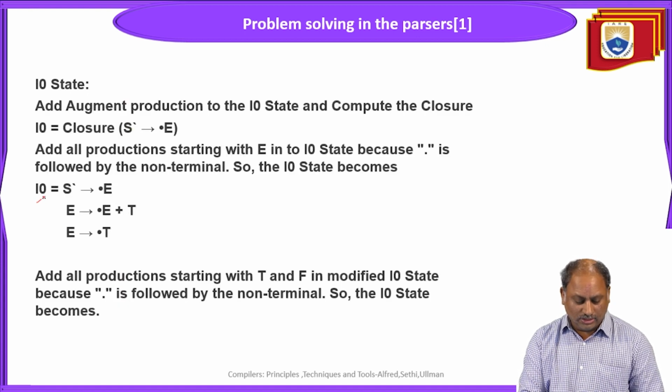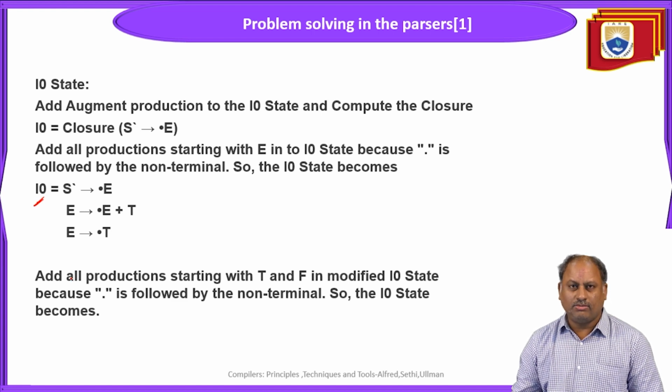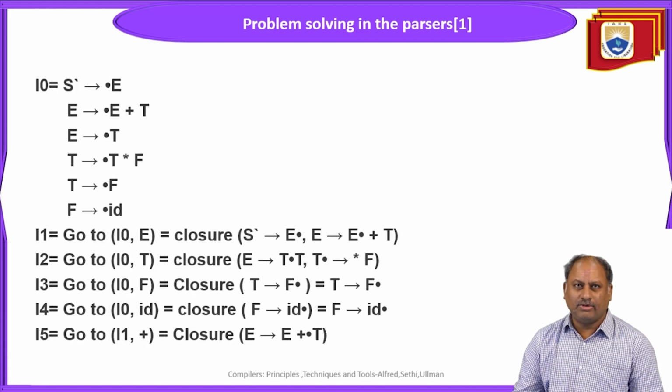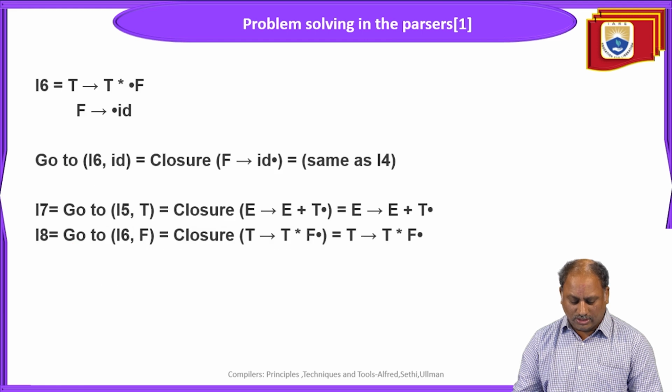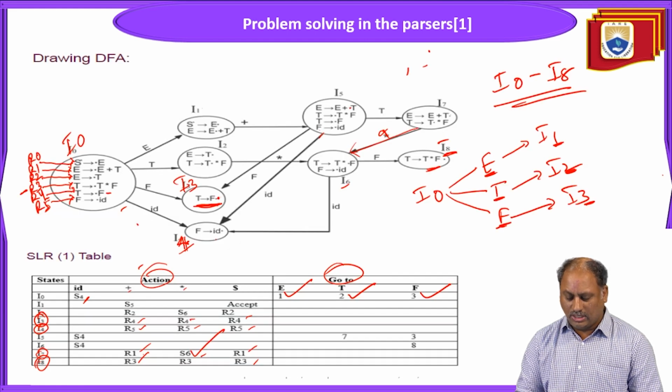First we take the initial state I0 and list out all the productions with the augmented grammar, and then find the closure of each item one by one with the help of the non-terminals and terminals that are to be reached to the corresponding states. And we found that some of them are reached, and we found the reached states I7, I3, I4, I7, I8. The remaining is to be included as part of this one.